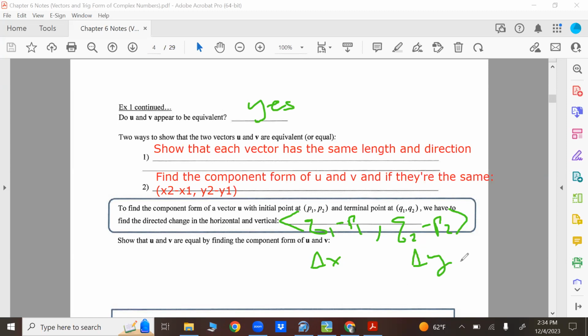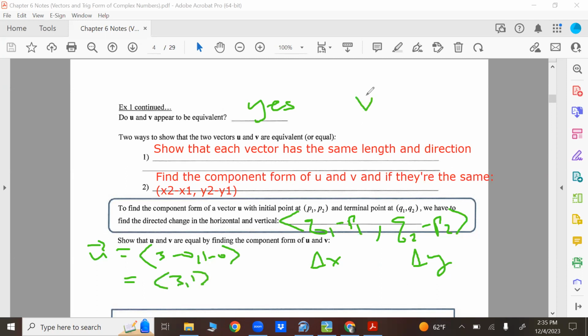So again, you guys are getting all the vector basics, all the vector fundamentals. And to show their component forms, I kind of already did it, but I'll do it again. So U is going to be 3 minus 0, comma 1 minus 0, which of course is 3, comma 1.